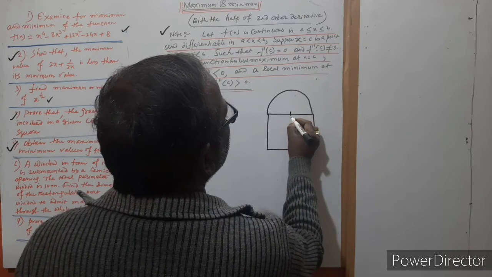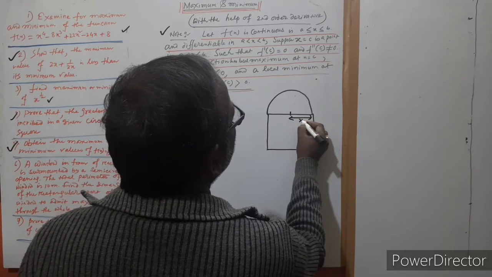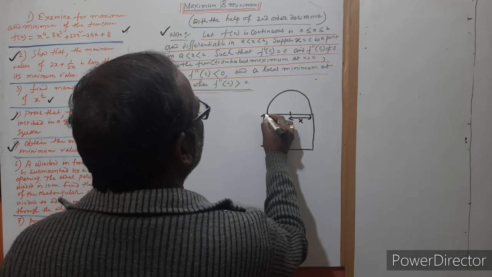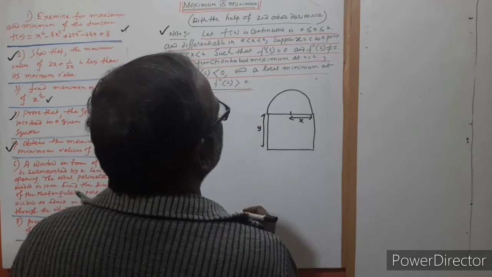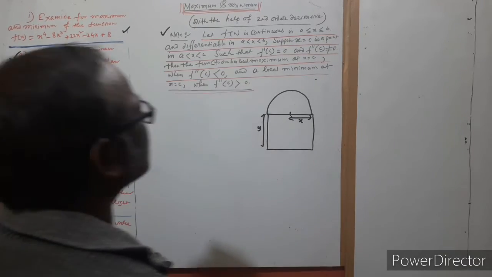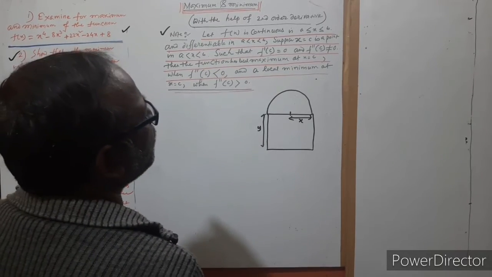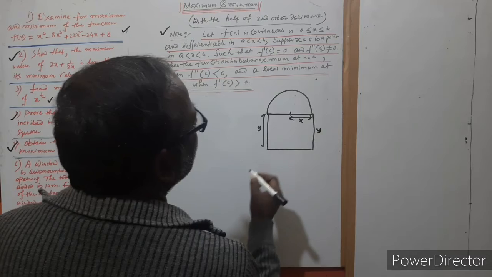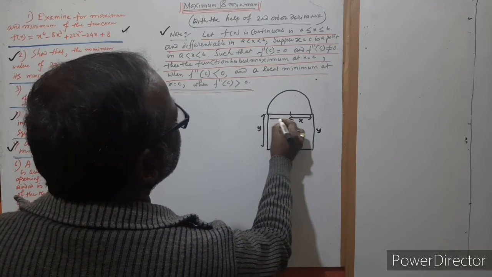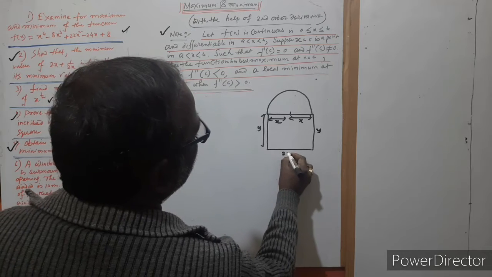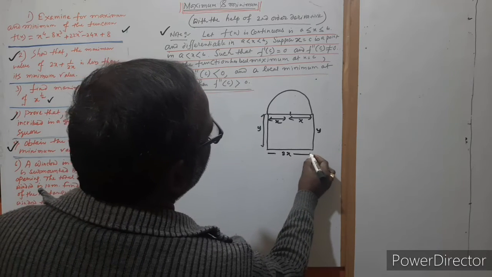Let us assume this length be x and this length be y. Okay, so y is this. So now perimeter is y, and this is x, and this also x. Let us assume, so there is a twice x here.